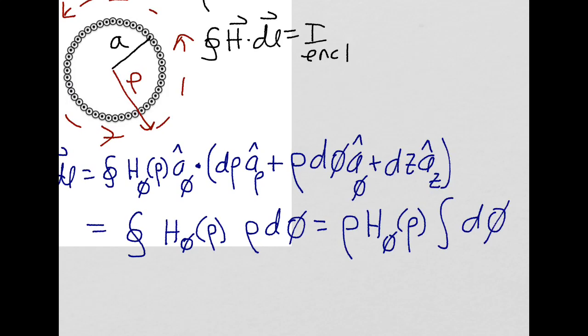And so we just have an integral of d phi. So to move around the closed path, phi will change from 0 to 2 pi. So the integral of d phi from 0 to 2 pi is just 2 pi. So our integral becomes 2 pi rho times our h component in the phi direction.